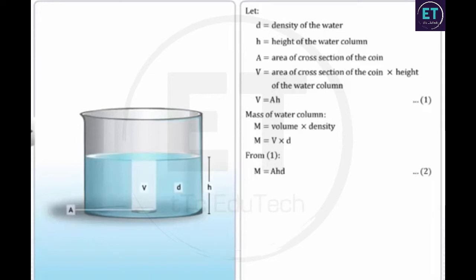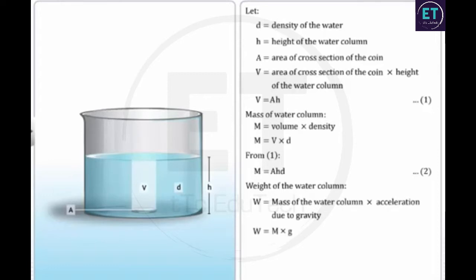As you know, the weight of a substance is a product of its mass and the acceleration due to gravity, G. Therefore, the weight of the water column, W, is equal to the mass of the water column multiplied by G. Thus, W is equal to M multiplied by G. Substituting equation 2 here, you get equation 3.